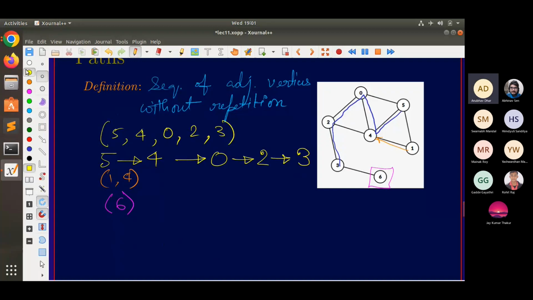Now, can anyone prove or find a counterexample of the following fact? No edges repeat in a path.